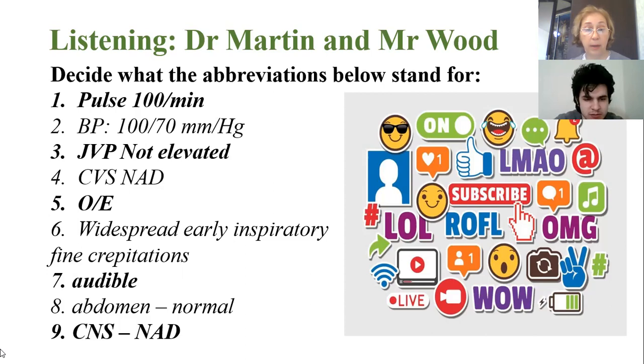Okay, so then there is abdomen, normal. And the next line is CNS. What kind of system is CNS? Central nervous system. Yes, you're right. And the central nervous system is NAD. This is no abnormality detected.